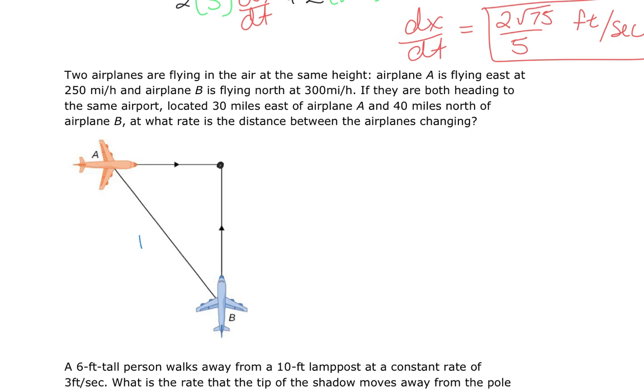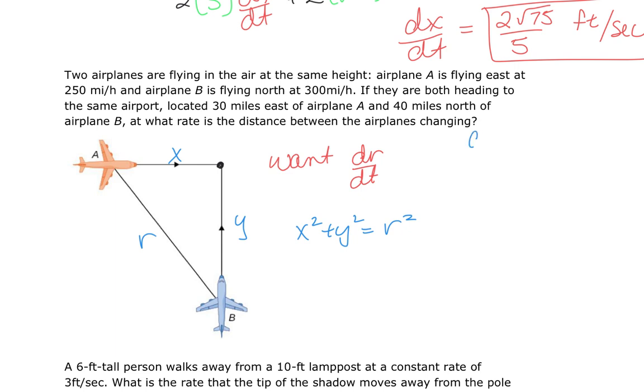Okay, so this is what I want. That's my R. I'm going to call this X. I'm going to call this Y. So I want the distance between the airplanes, so I want dr/dt. And I know my formula I'm going to use is x squared plus y squared is equal to r squared all day long.